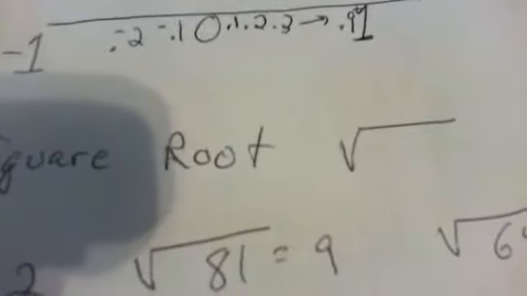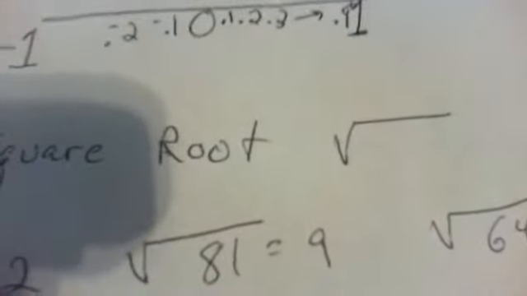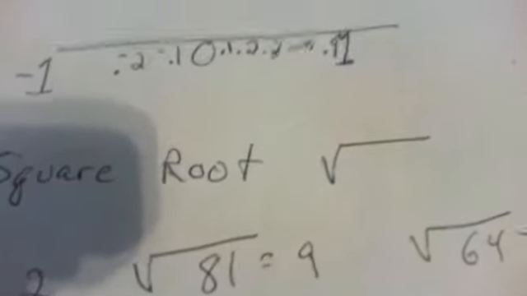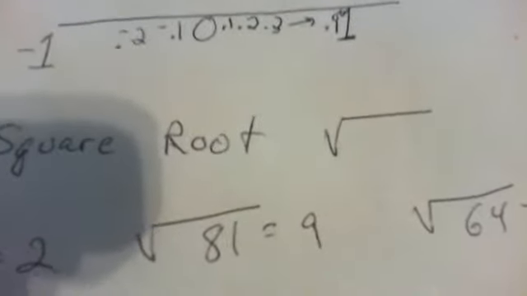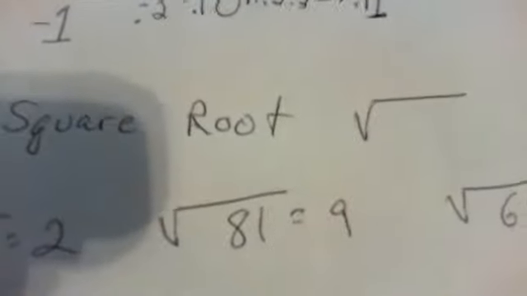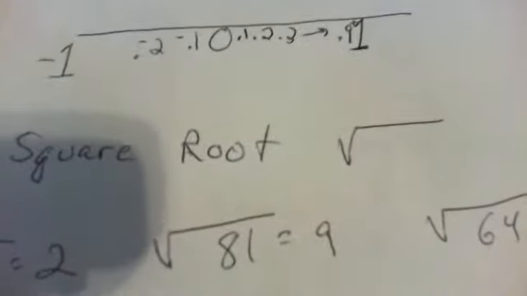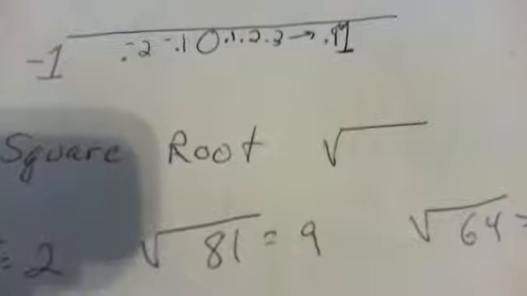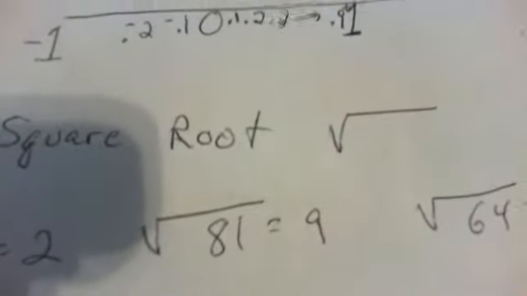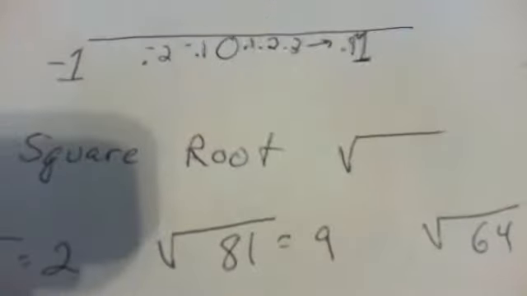And then between 1 and 2 is 1.1, 1.2, 1.3, 1.4, 1.5, up to 1.9, 2. Then after 2 is 2.1, 2.2. Those numbers go in between the whole number 1 and the whole number 2.